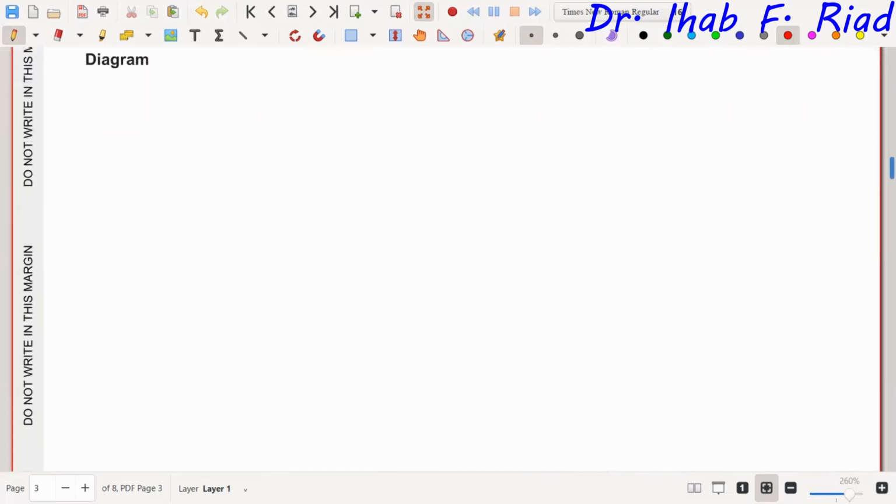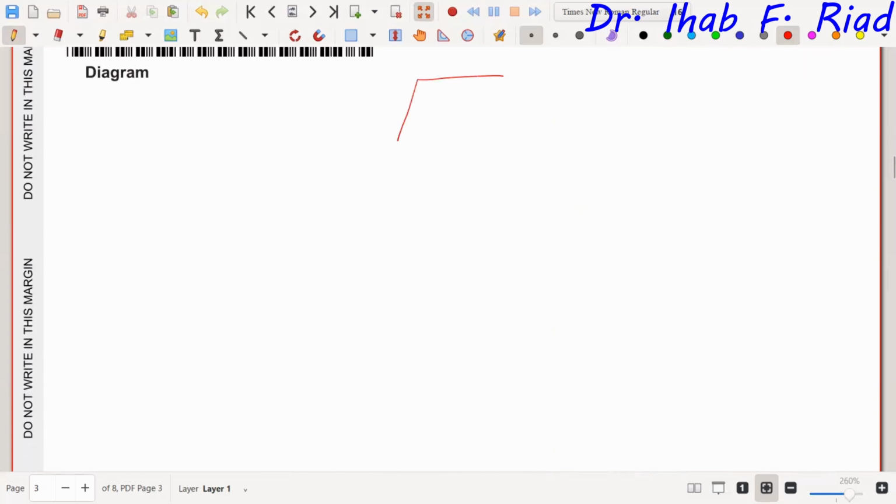A light gate is typically something we use to time motion. So how does it work? It looks like this, and there is a laser light. It is like a square. I don't know how to draw it, but it's something like this.